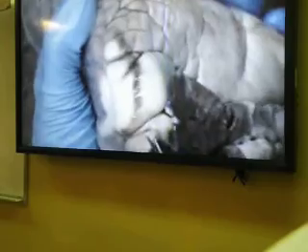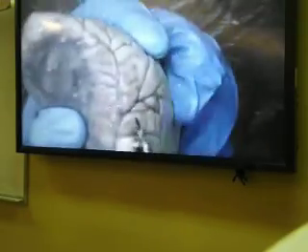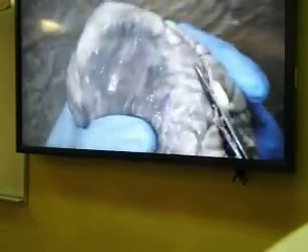tricuspid and bicuspid. Now we go back to the posterior surface again, and this time I am starting with the pulmonary vein and going through the left side and coming to the apex.